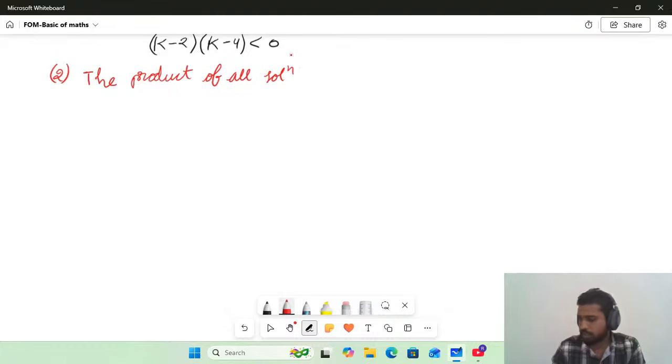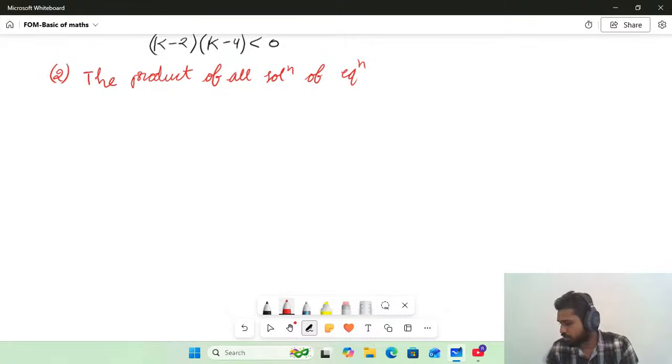So the product of all solutions of equation the product of all solutions of equation e power log e power log e power 5 times of log x square. 1 minute.